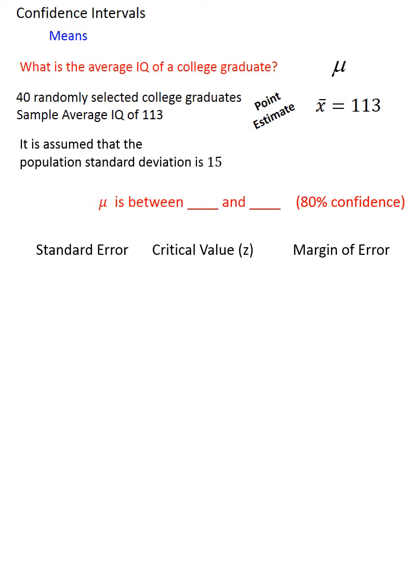By the way, this kind of problem, where we assume to know the population standard deviation, is called a sigma known problem, traditionally, because we're making the assumption that we know sigma for the entire population for which we're estimating mu. This is not always the case, but it is in this particular problem, let's say.